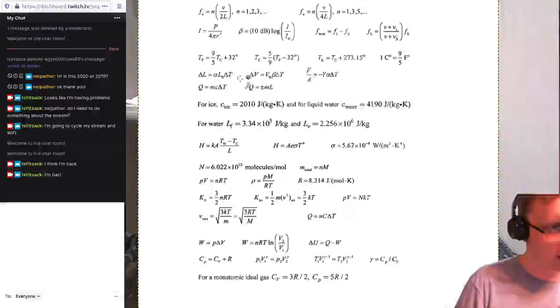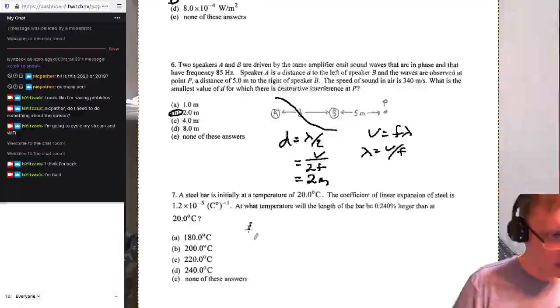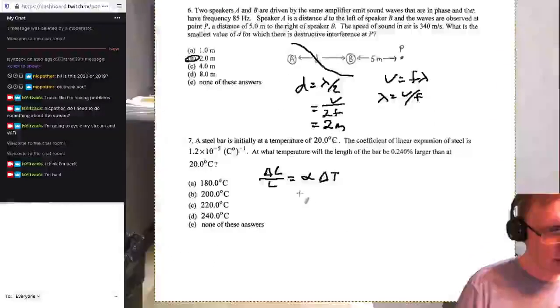So our percent value is equal to alpha times delta T. It wants delta L divided by L equal to alpha delta T. So now we can do delta T equal to 1 on alpha times delta L on L.